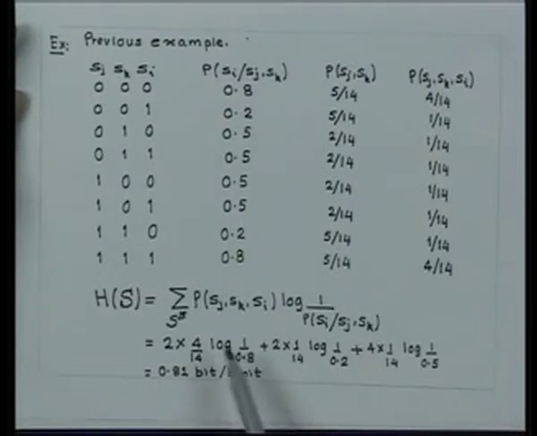So, we find that when there is a dependency upon the symbols, even if the source is a binary source, then the entropy of that source is less than a zero memory source.